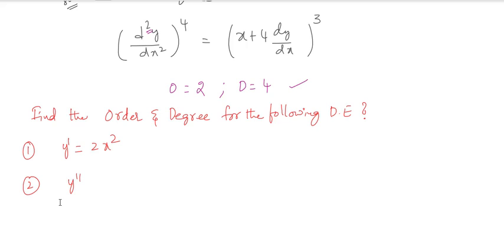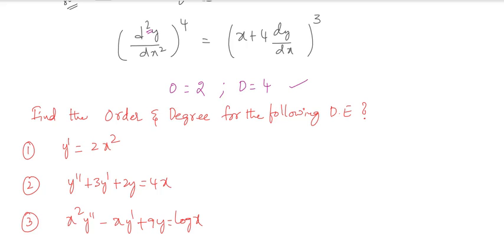Next, y double dash plus 3y dash plus 2y is equivalent to 4x. Take down these. Next, x square into y double dash minus xy dash plus 9y is equivalent to log x.